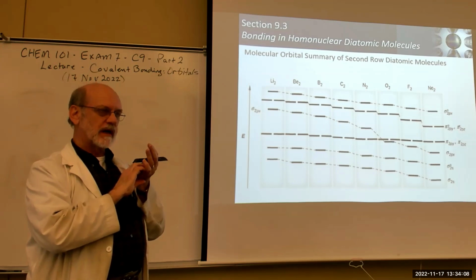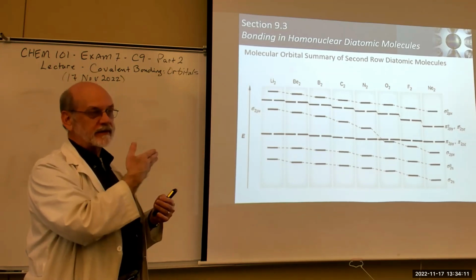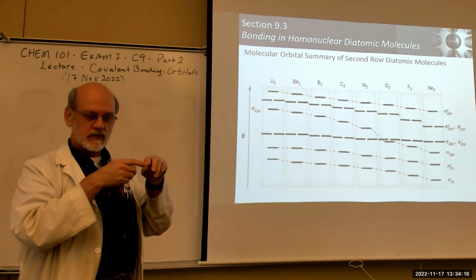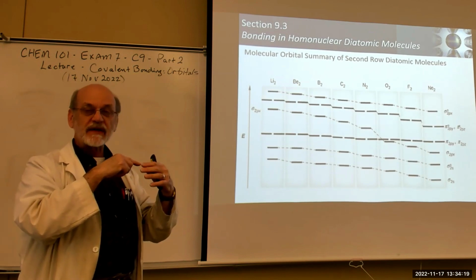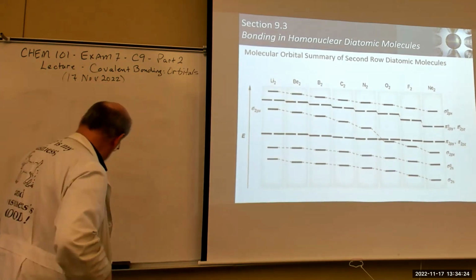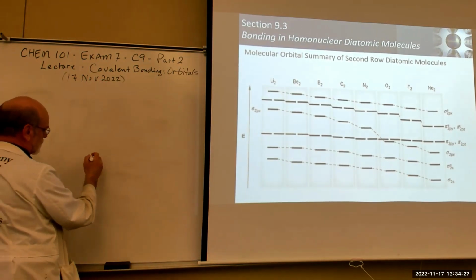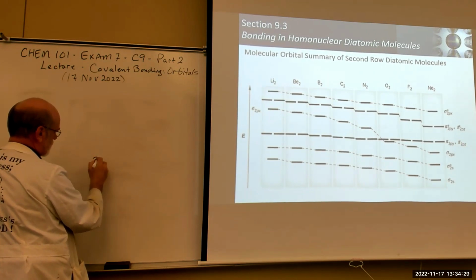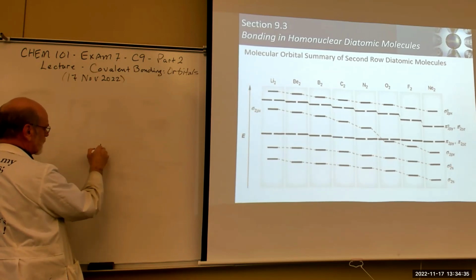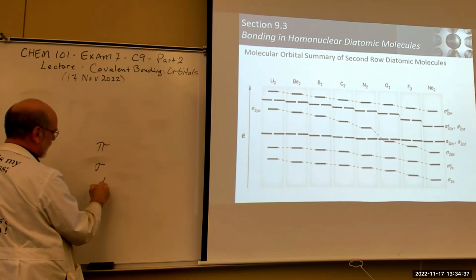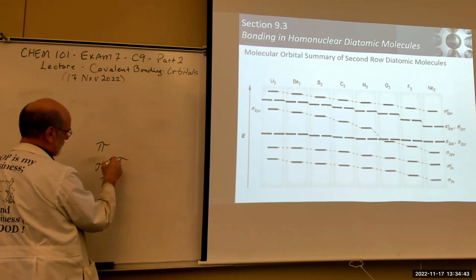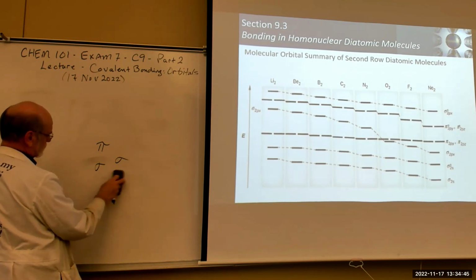But as you move to the left in a given period, you get energy levels of those orbitals close enough together that they mix, and they flip the bonding orbital order. No, I'm sorry.